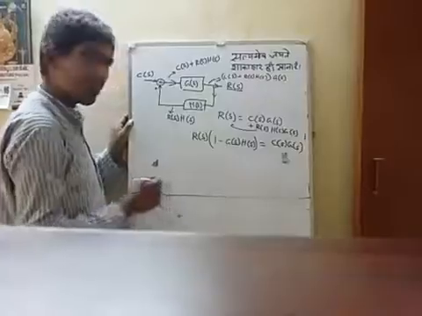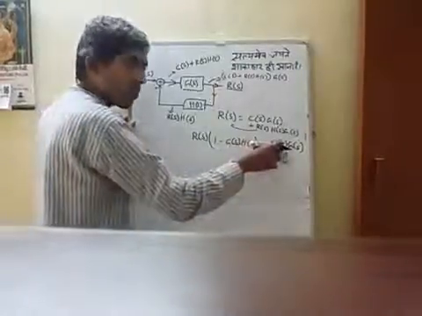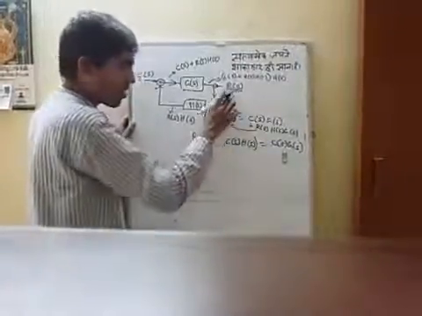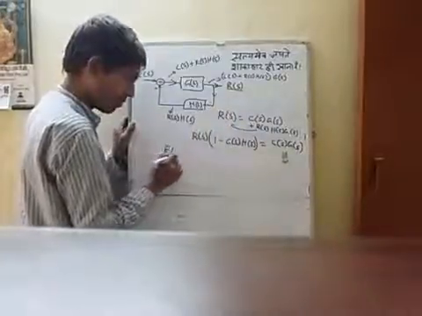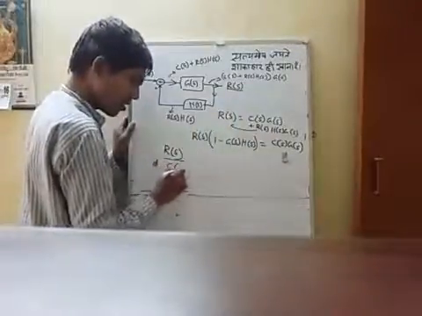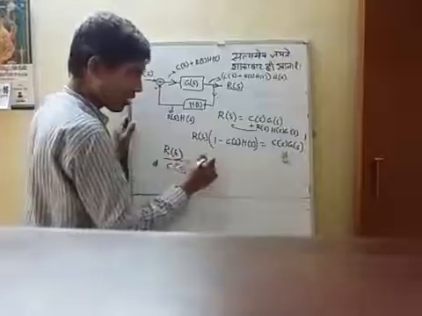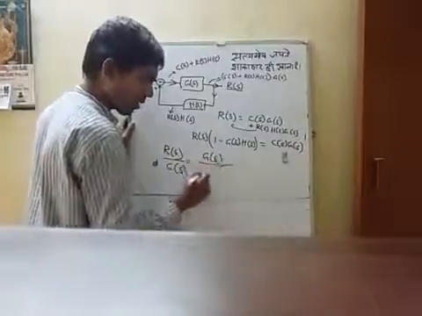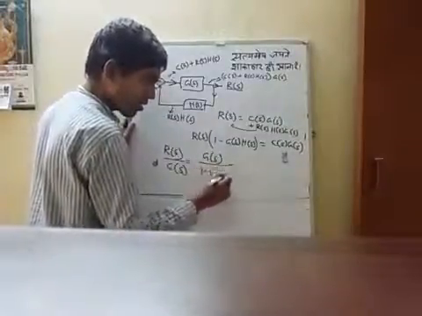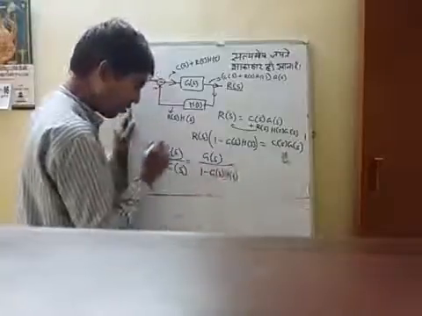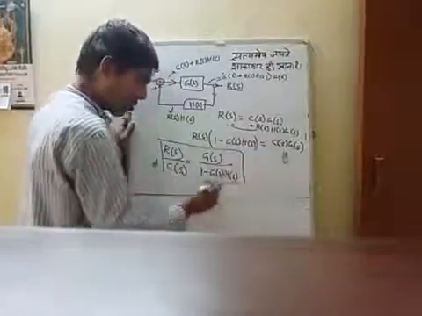Now if I take the Laplace transform of the output by Laplace transform of the input, that is r of s by c of s, then I am going to get g of s by 1 minus g of s h of s. So this is the input output relation.